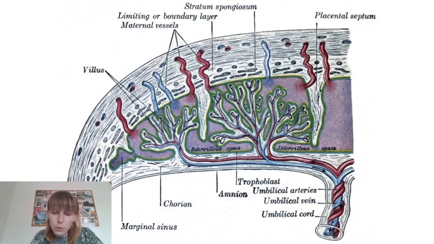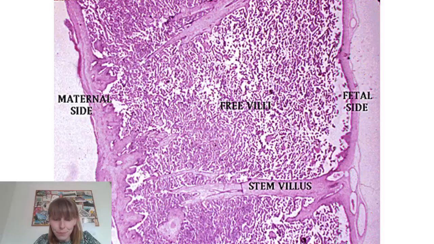And so between the intervillous space and these blood vessels is where you have the placental barrier, which is important, for example, for stopping some hormones from going through and letting some others go through the placenta towards the fetus specifically. And this is what it will look like under the microscope.